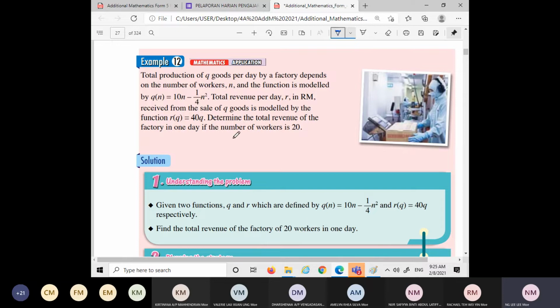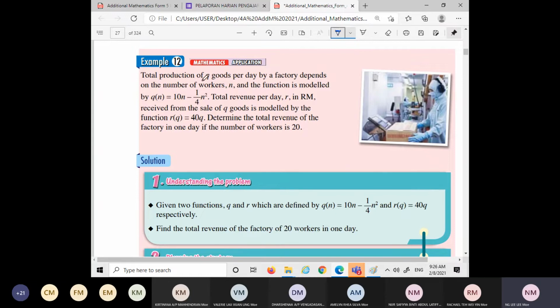They just asked determine the total revenue for the factory in one day if the number of worker is 20. You can just substitute the 20 into the first equation. After that, use the answer to substitute into the second equation to get the answer. You don't have to find the composite functions. If you find the composite functions and then substitute 20, also is not wrong. So I start with the one without the composite functions.